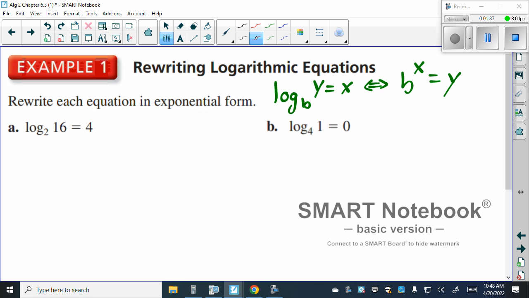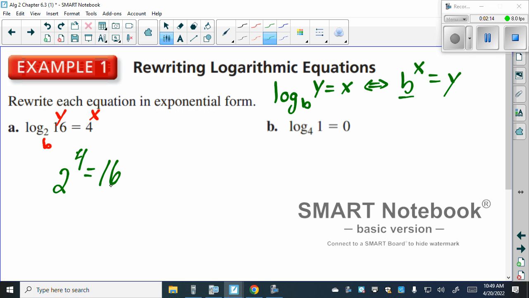In our first one, log base 2 of 16 equals 4, b is 2, y is 16, and x is 4. So we would say 2 to the 4th is 16.